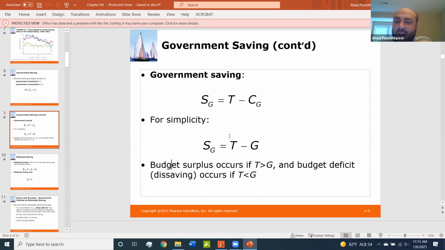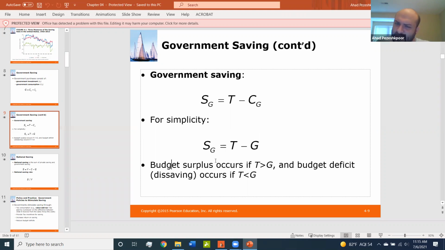So they suddenly lowered all their spending by a lot. And their taxes were bigger than all their government expenditure. Therefore, they had budget surplus. Ever since then, we have been having budget deficit in the United States.